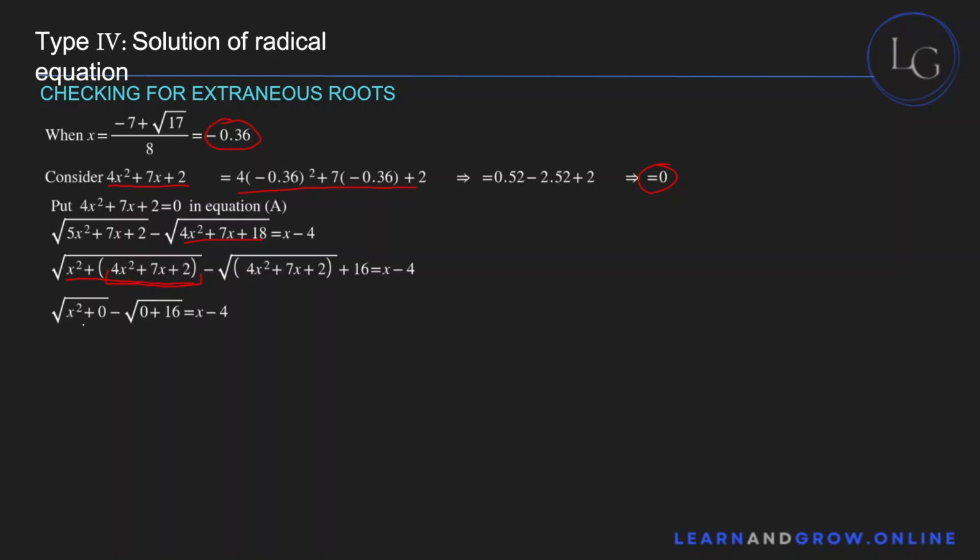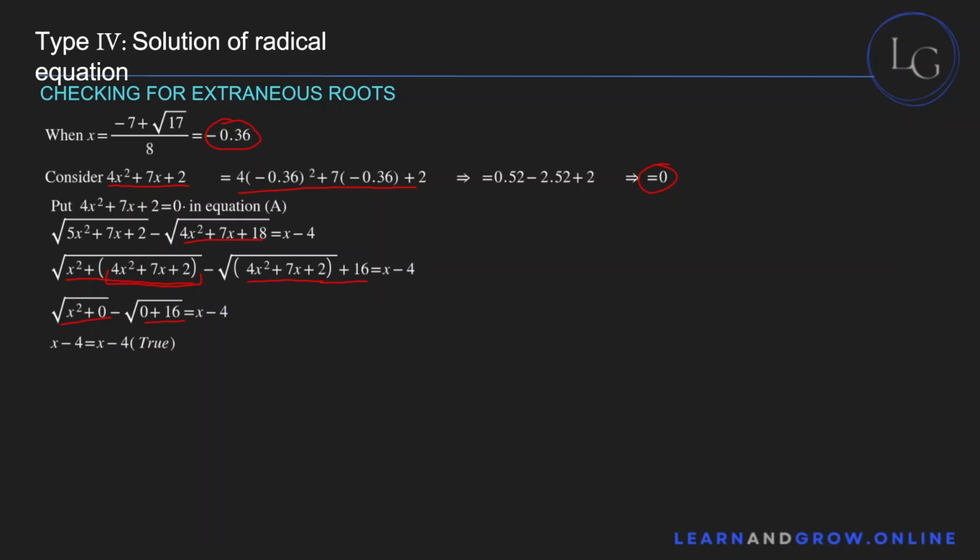So this is now x squared plus 0 over here. And this can be written as 0 plus 16 because over here you replace the quadratic expression with this term here.